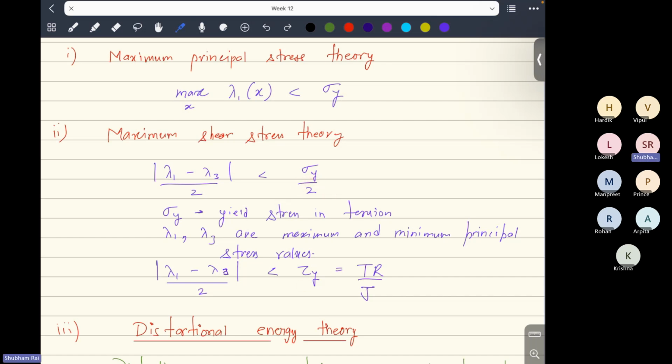But if you have done the torsion experiment, you have the value of shear strength, so you should use this formula. Because if you do a pure torsion test, your principal stresses in that case will be tau and minus tau.